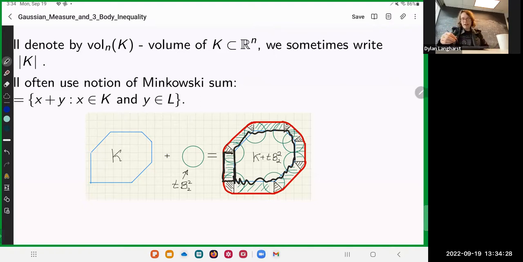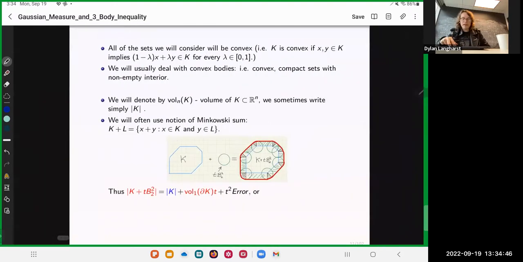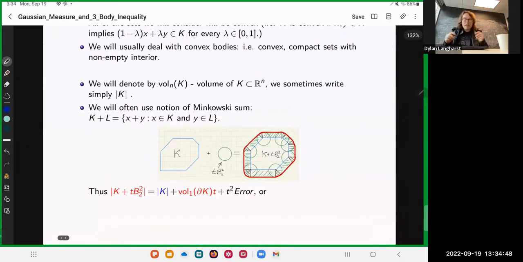Now at the corners, you have these curvy parts here. But I want you to notice that the sum of the errors is the Euclidean ball. It's highlighted in the picture that if I take all these errors, I just get the dilated Euclidean ball back. Thus we conclude that for this picture, the volume of K plus the dilated Euclidean ball is the volume of K, which we saw on the inside, plus the sum of these rectangles, plus some error.